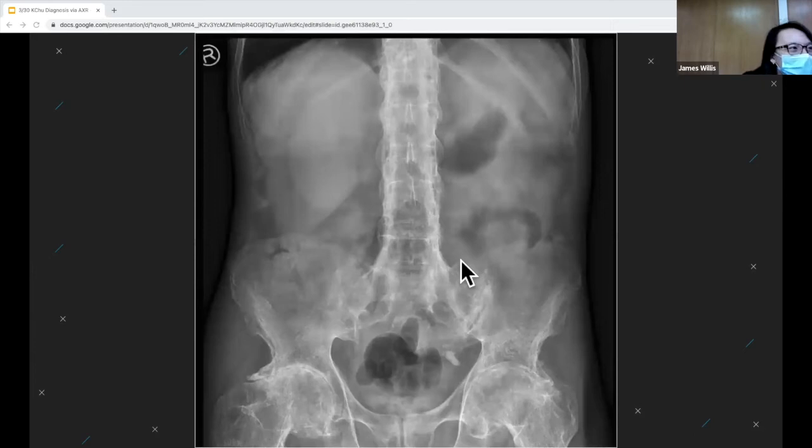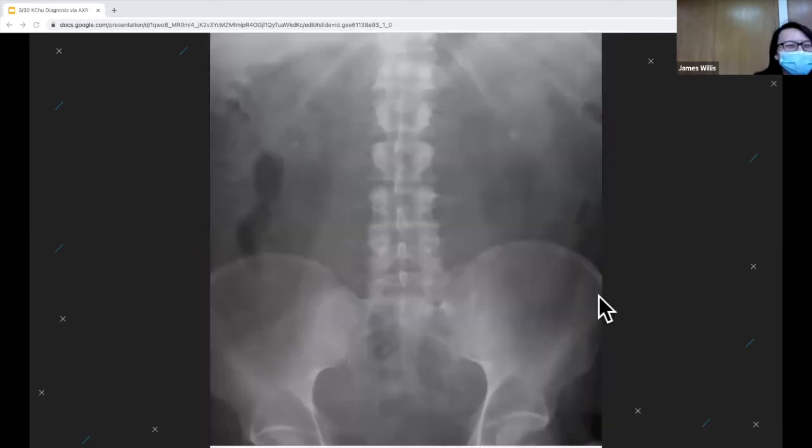Okay, Eli. So tell me what's the most prominent thing. Correct. That's a bamboo spine and ankylosing spondylitis. Great. Great.